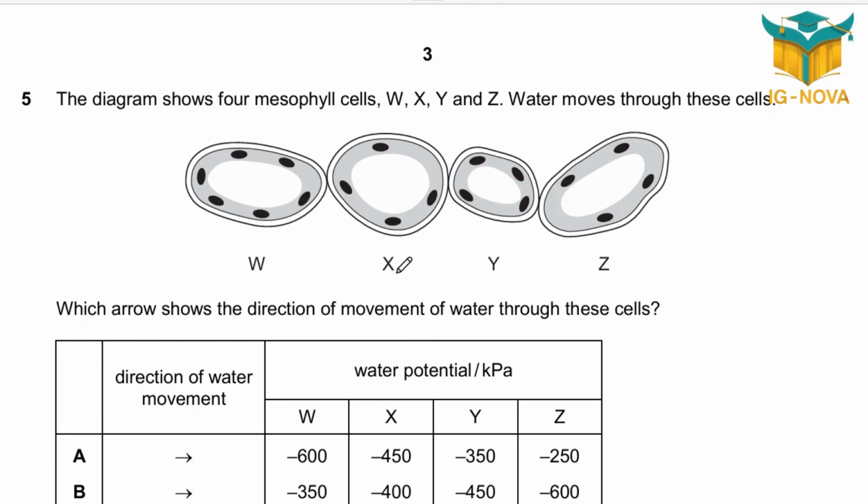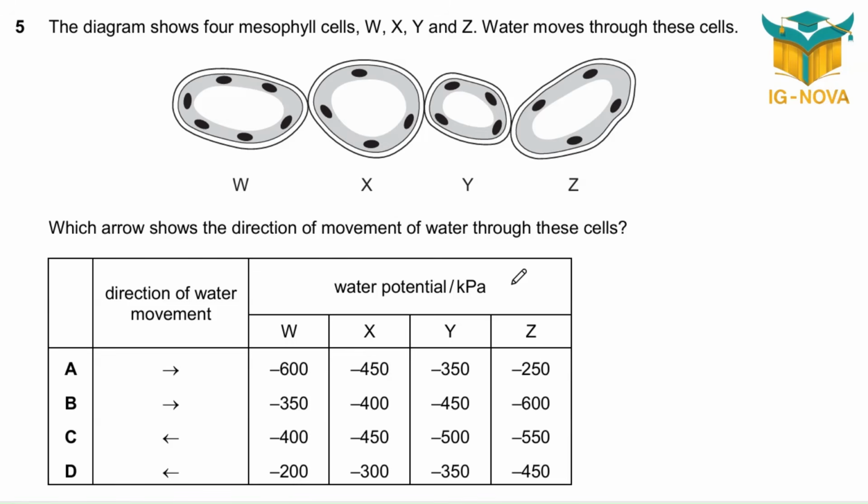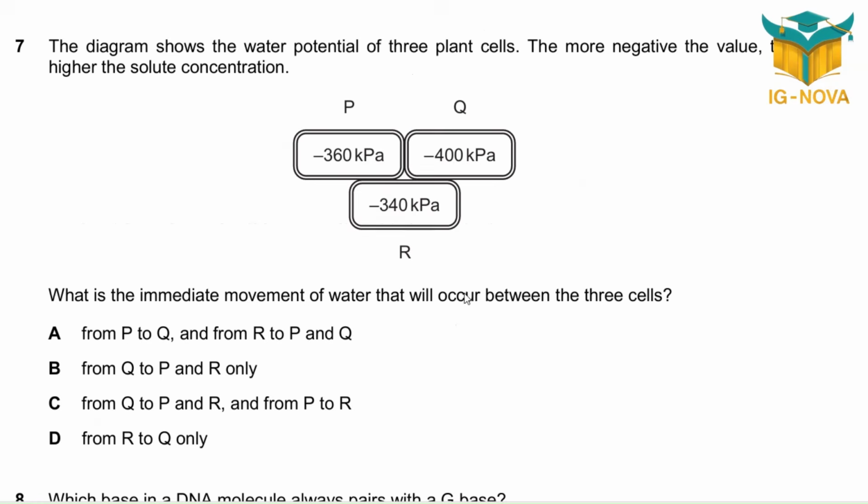Question 5. I saw this question twice. Winter 2024 and March 2025. Winter 2024, paper 2, variant 2. Please pause the video and write some pieces of information if you don't mind.